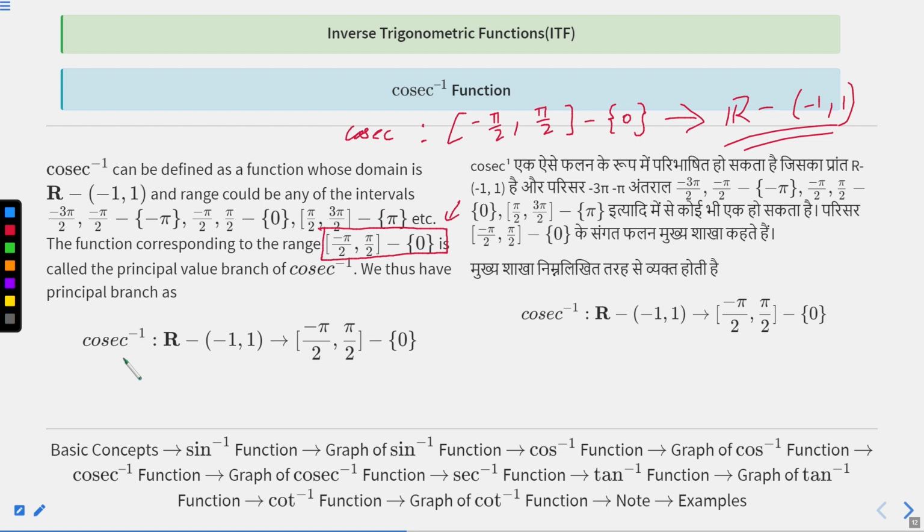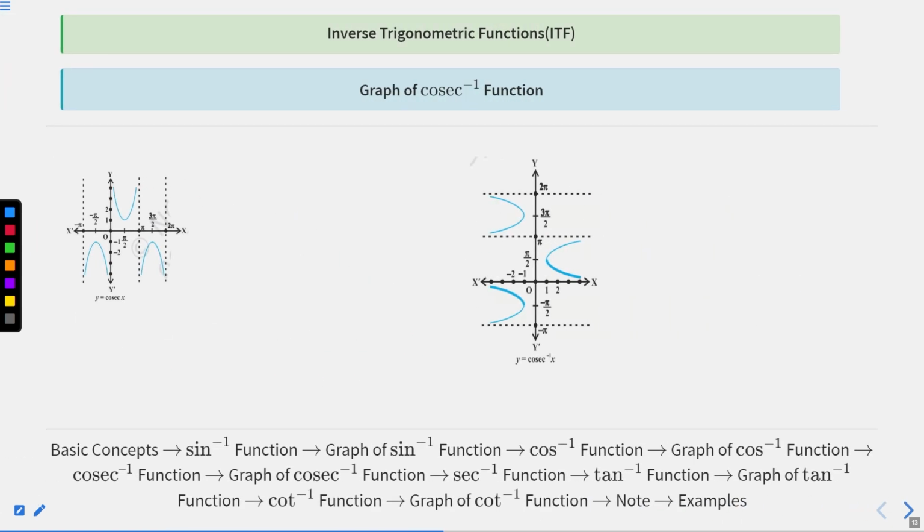So this is the domain in this case, and the codomain, or you can say the range, because this is also one-one. Let's move to next and see the graph. As we took this part only, the graph for cosec inverse x you will get by mirroring with respect to y equals x.